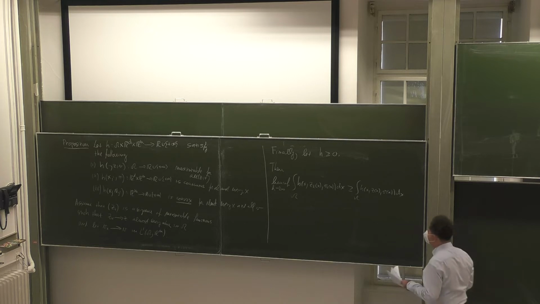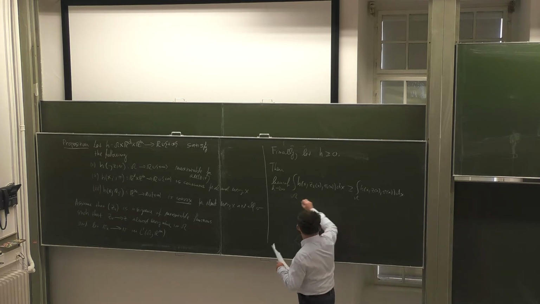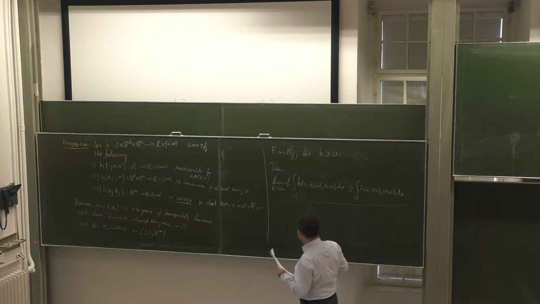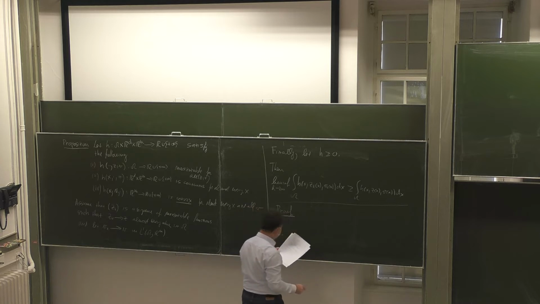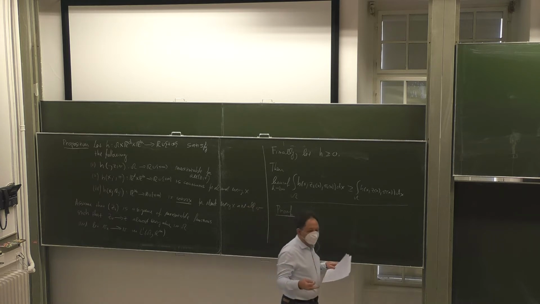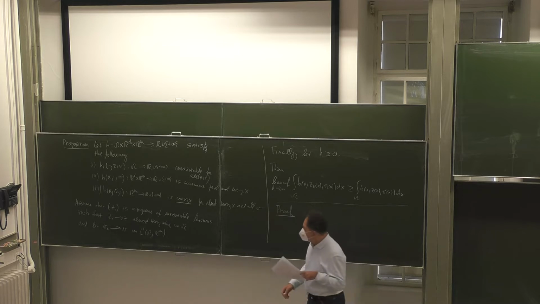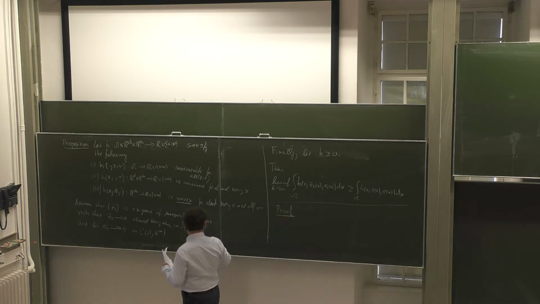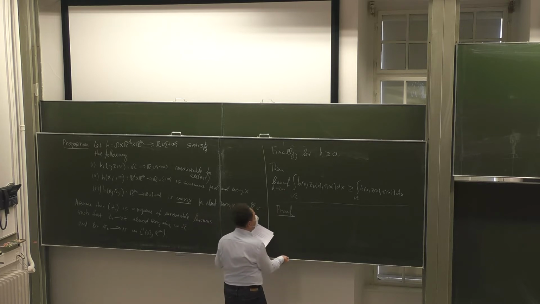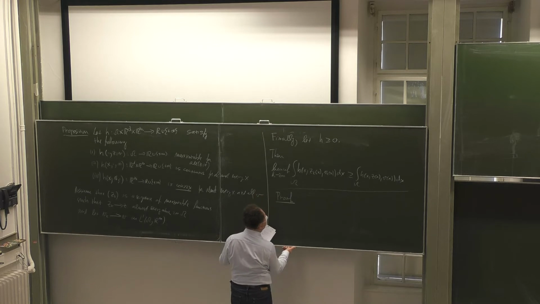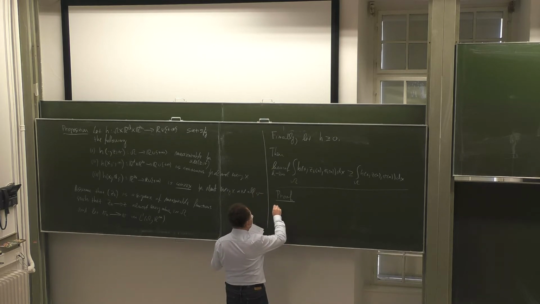So the proof goes like this. First of all, we again assume that we take a subsequence such that the lim inf is already a lim.